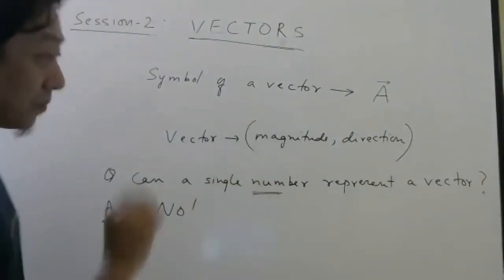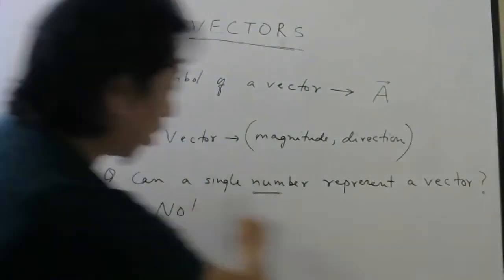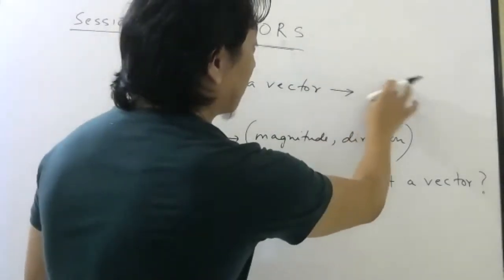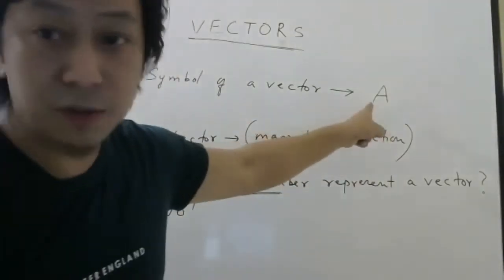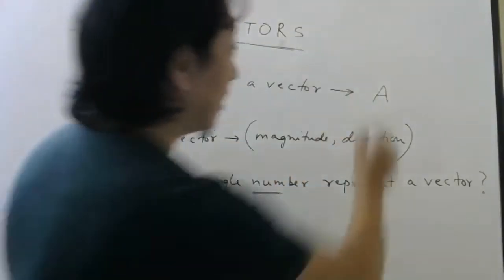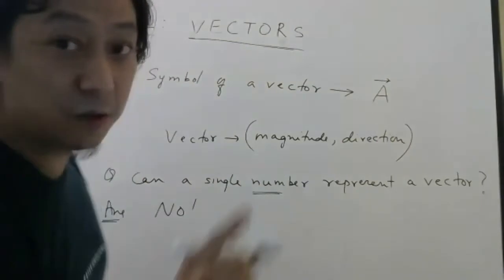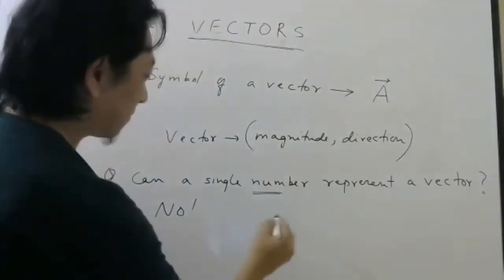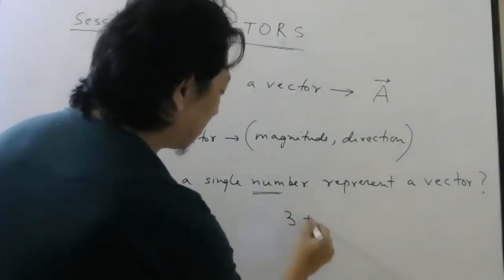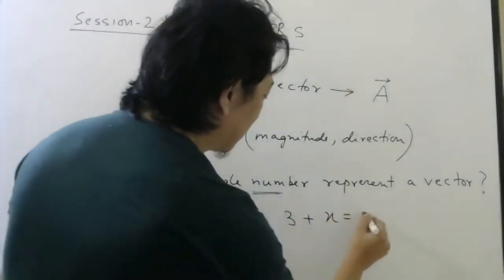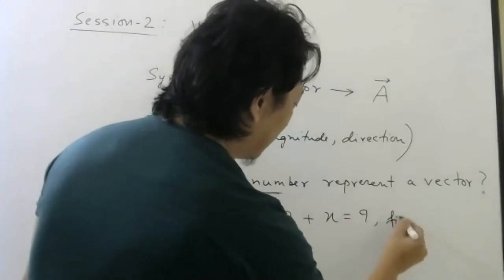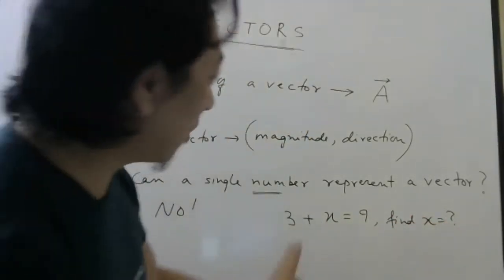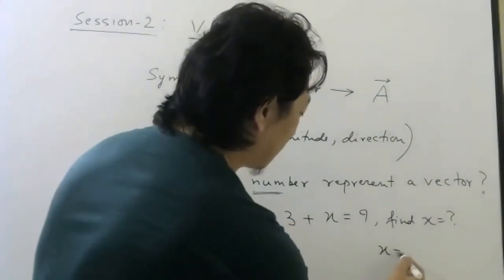So since a vector is not a single number, it is not good to represent a vector by such symbols. The reason is what? In school, I think in classes 5, 6, 7, you may have done questions like 3 plus x equals 9, find x. So when you answer this, what is the answer? 6.